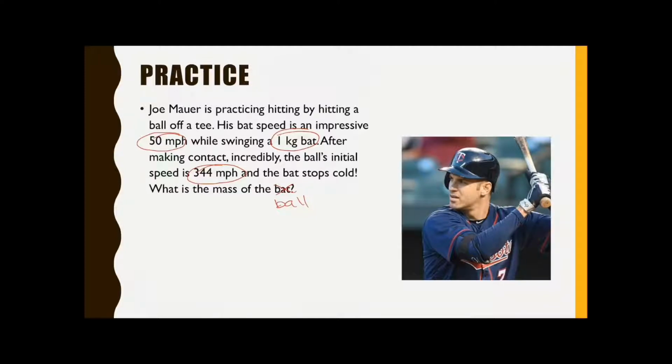All right, so again, our equation is m1v1 equals m2v2. Our mass and velocity, 1 is going to be for our bat. So the mass of our bat is 1 kilogram.